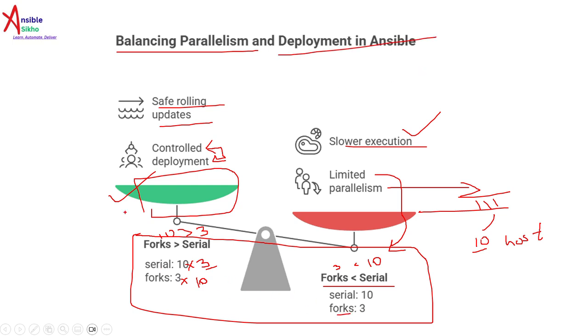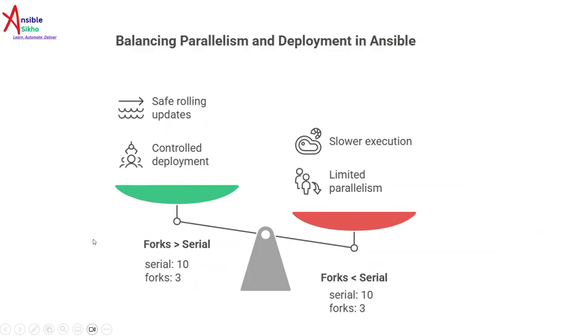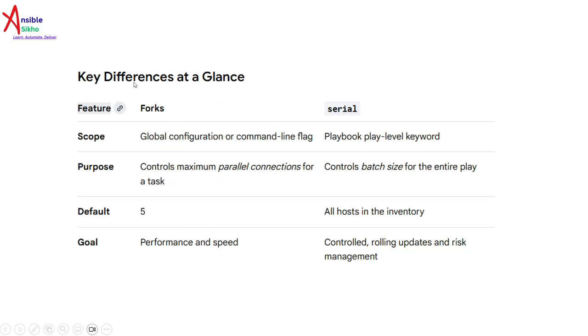Now we can see the scope of forks and serial. Let's see the key differences. The scope of forks is global configuration level, like we have to mention it in the CFG file, the configuration file, or at command level.